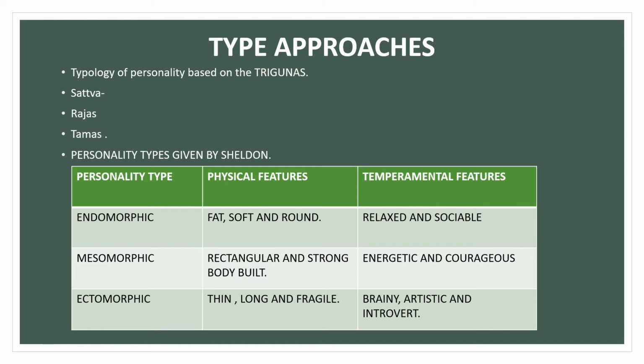Mesomorphic types are rectangular and strong in body build. Temperament features are energetic and courageous. Then the ectomorphs are thin, long, and fragile. Fragile means not very strong or vulnerable, we can say. The temperamental features are brainy, artistic, and introvert.